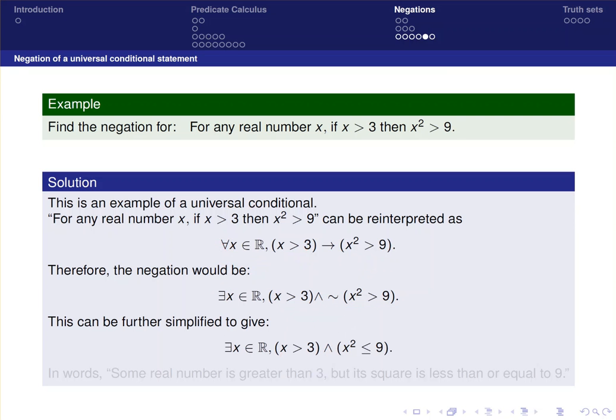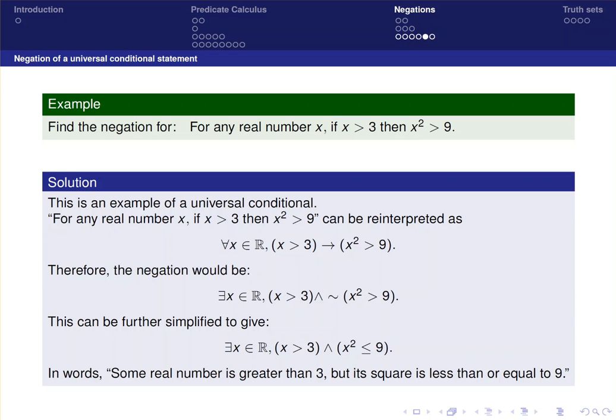Negating "x squared is greater than 9" gives us that x squared should be less than or equal to 9. So in other terms, we're saying some real number is greater than 3, but its square is less than or equal to 9. Again, we're not discussing whether the original statement or the negation is true. We're just practicing rewriting and finding negations.